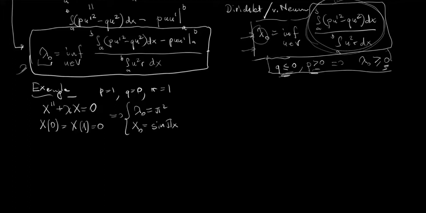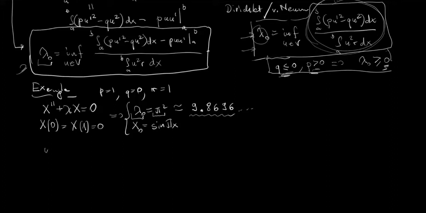The value of this, if you just calculate numerically what pi squared is, is 9.8696. So suppose that we don't know this and we would like to know what the lowest eigenvalue is. Not even really exactly, but with some accuracy.